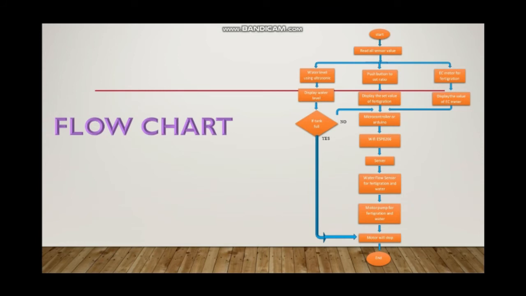Then the Wi-Fi ESP8266 will be used for our IoT system, and it connects to the server, which is our phones. The water flow sensor will be used to measure the quantity of fertilizer and water that we need.